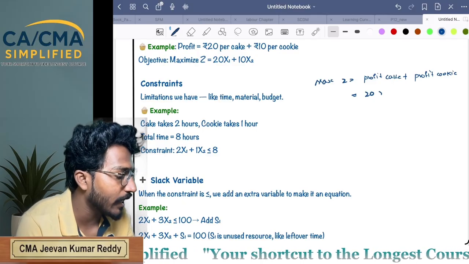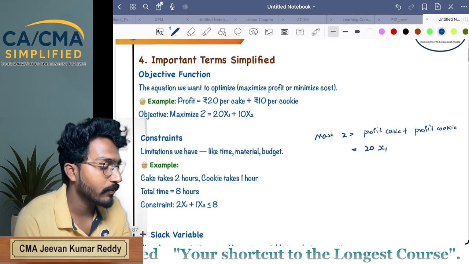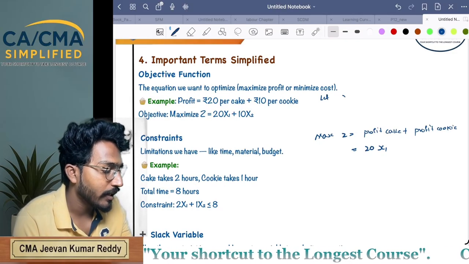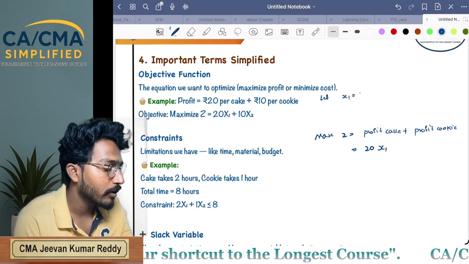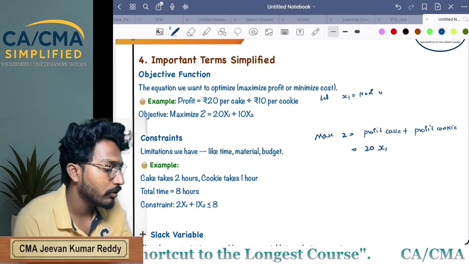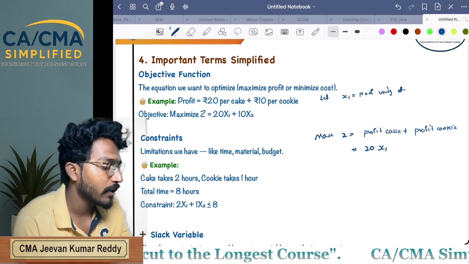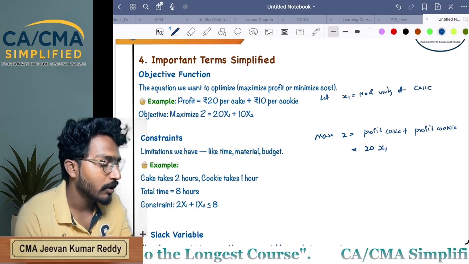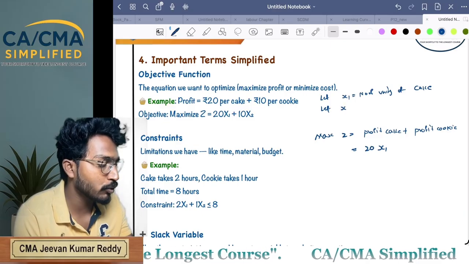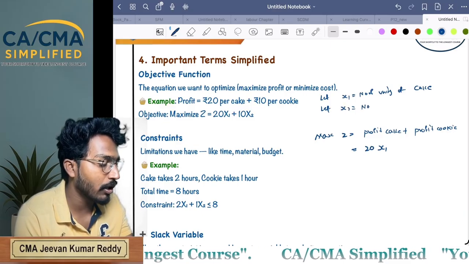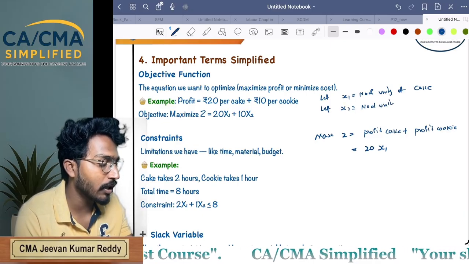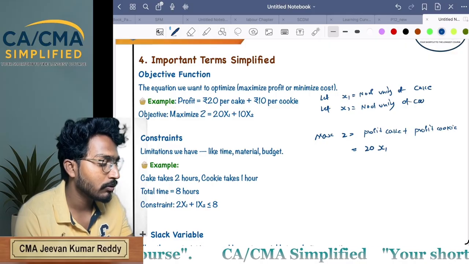So let's take it as x1. Let x1 equal the number of units of cake. Let x2 equal the number of units of cookie.